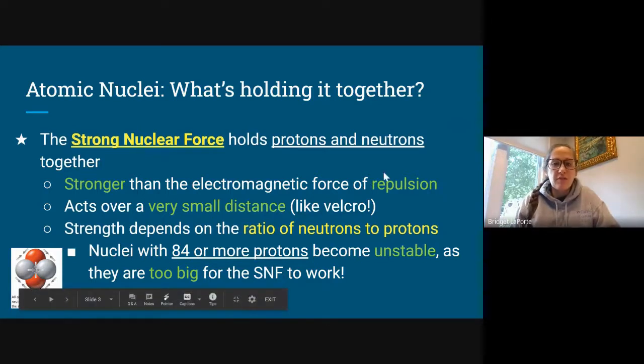So even though they are repulsive to each other, this strong nuclear force can overcome that. But as you start to get way more neutrons than protons, so as that number starts to get more separated, the nucleus becomes very unstable because that strong nuclear force starts to get overwhelmed by the sheer mass of that nucleus. And that's when we get into this idea of instability or radioactivity.